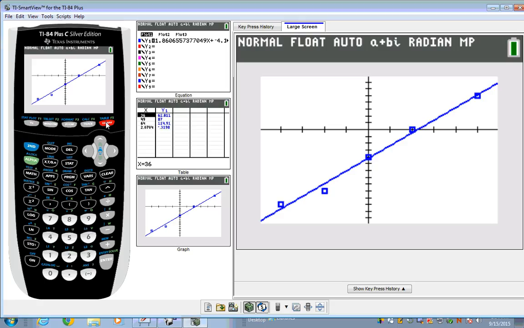That's okay, because it shows the best fit. And what is this? Linear regression. We are using the linear regression program to give us a line with the best fit possible with our data.